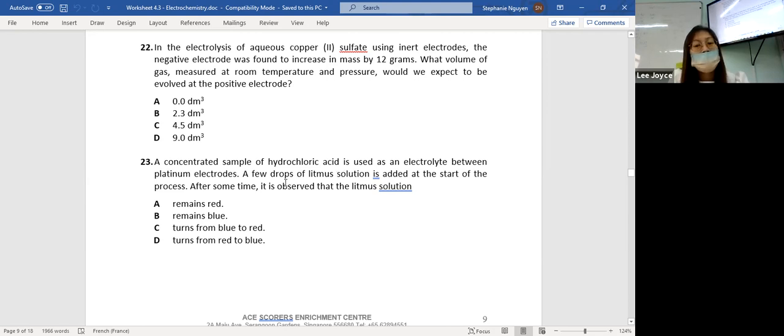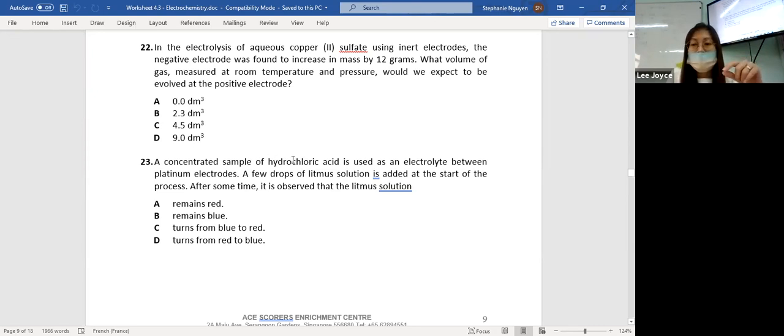And what about the remaining H+ ions? Now don't forget, there are two sources of H+ ions. H+ ions can come from the water molecules found in the hydrochloric acid. H+ ions can also come from the hydrochloric acid itself.